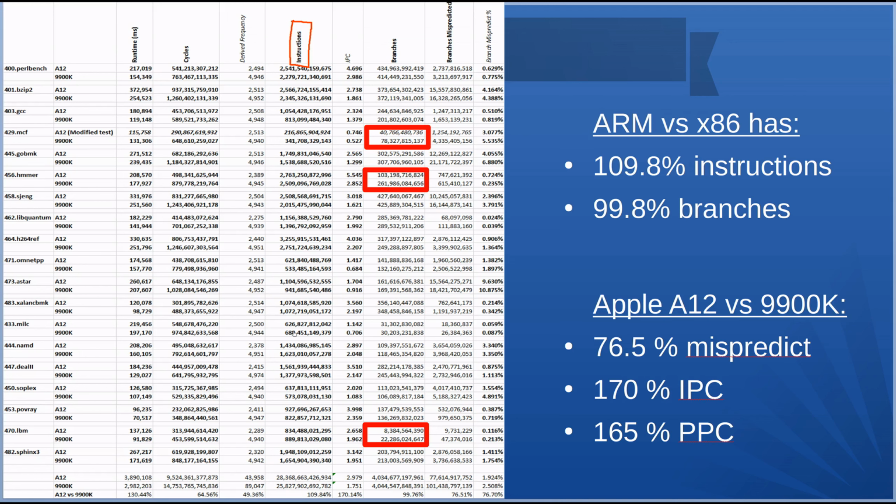You can see the Apple A12, which is ARM, and the Intel 9900K, which is the Coffee Lake Refresh CPU architecture. So it's ARM versus Intel, and there are different numbers of instructions. But overall, for the whole benchmark, this is the final number of instructions when you run the benchmark. And you can see the difference here.